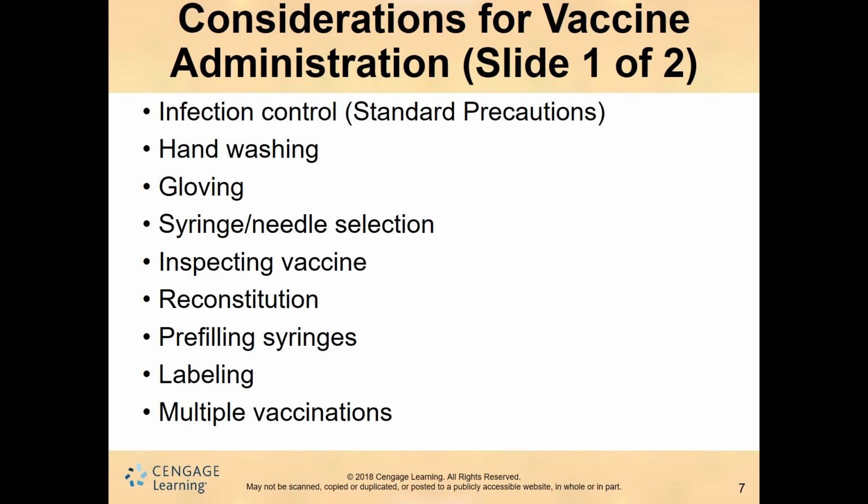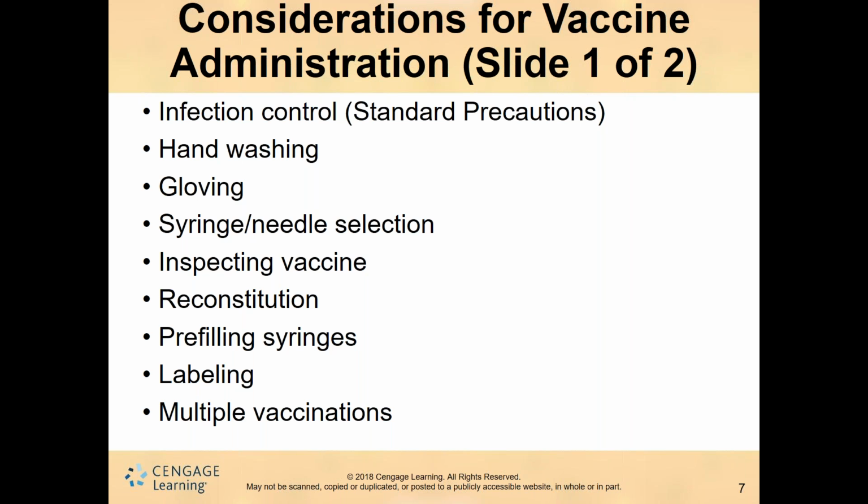So when you're giving vaccinations, you need to use all the infection control precautions like hand washing, gloving, sterile needles, inspect the vaccine, make sure that it's not been contaminated, reconstituted appropriately.